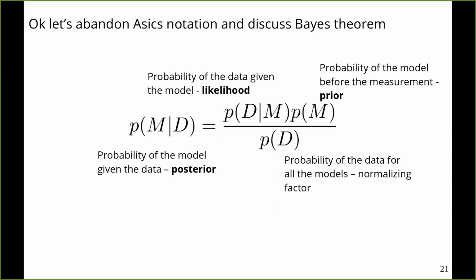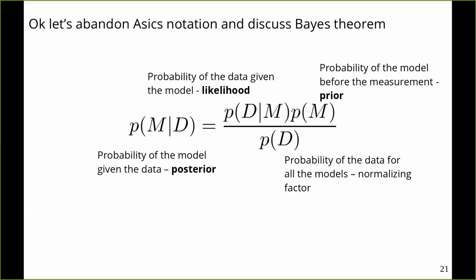And this is something that we call prior or a priori probability or something like that. It illustrates our previous knowledge about the problem, right? This probability of the data given the model is something called likelihood, okay? And the probability of the model given the data, which is something that we want to find, is something called posterior or a posteriori probability.